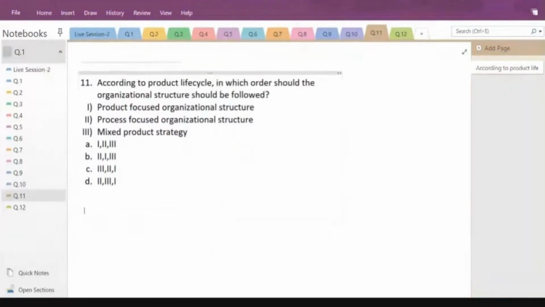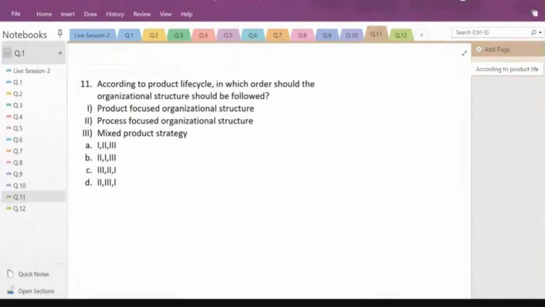According to product life cycle, in which order should the organizational structure be followed? So this is a very good question. All of you can attempt, and we can discuss it in particular.